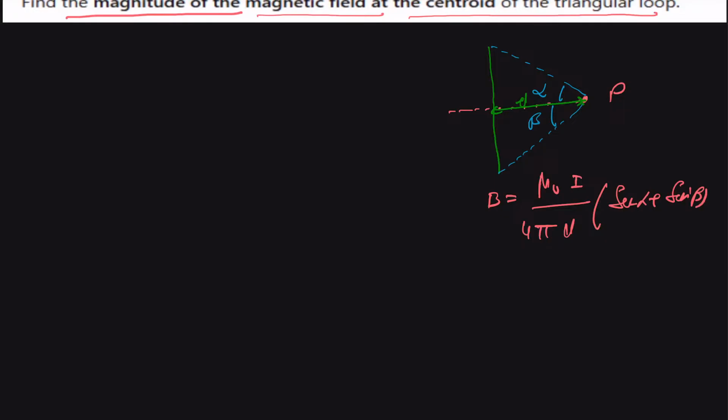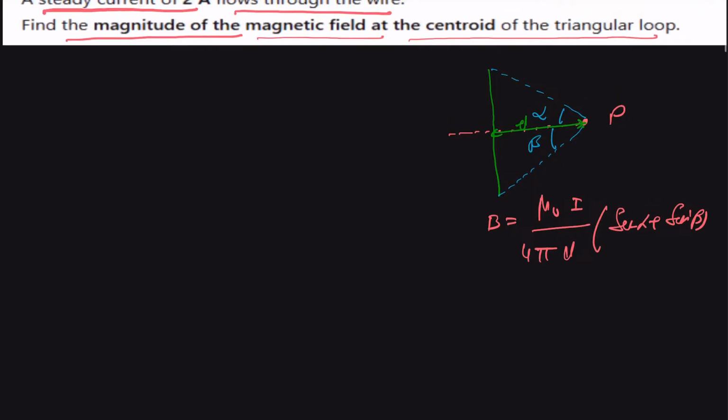So this formula we are going to use, and so let's try to draw the figure which is given to us. So we are given a triangle, and we are going to find out the magnetic field at the centroid. So this is our centroid.